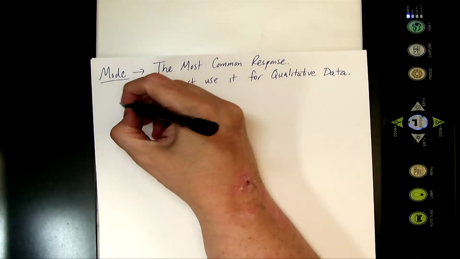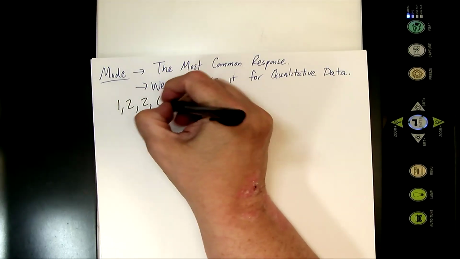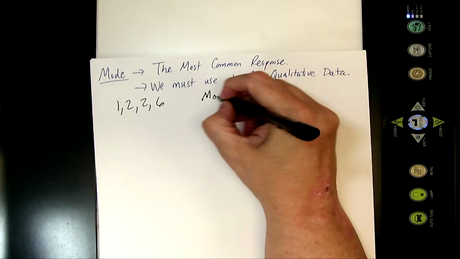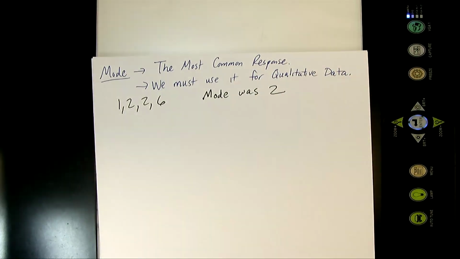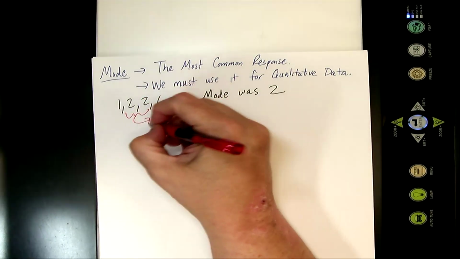Conveniently, on our data, we had a mode. The mode was 2, simply because it showed up the most.